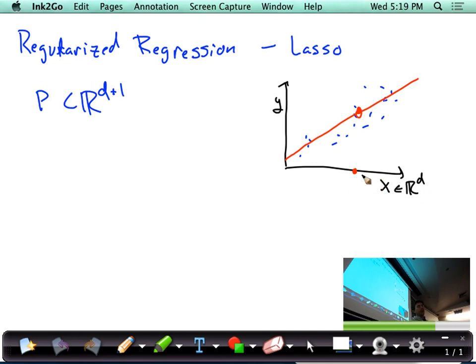Your input is these d coordinates, and you want to predict just one y coordinate, so this is always R^1. There are some generalizations where you can predict something in higher dimensions as well, but typically you just want to predict this one value.